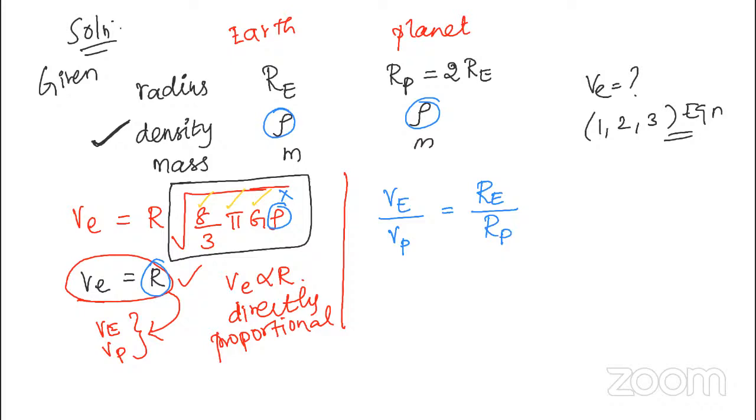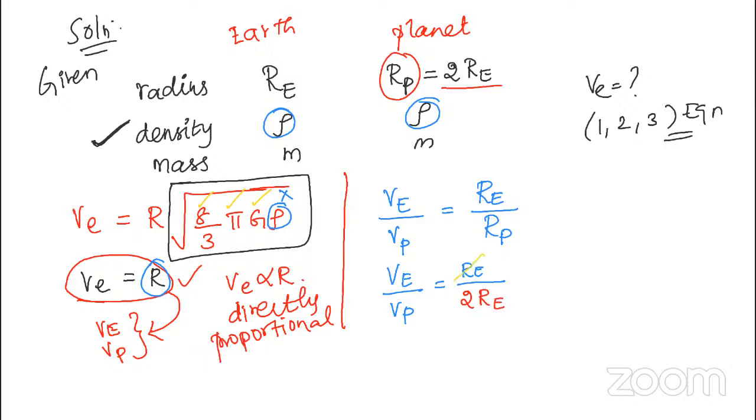Then VE divided by VP is equal to RE, and for RP the value is 2 into RE.